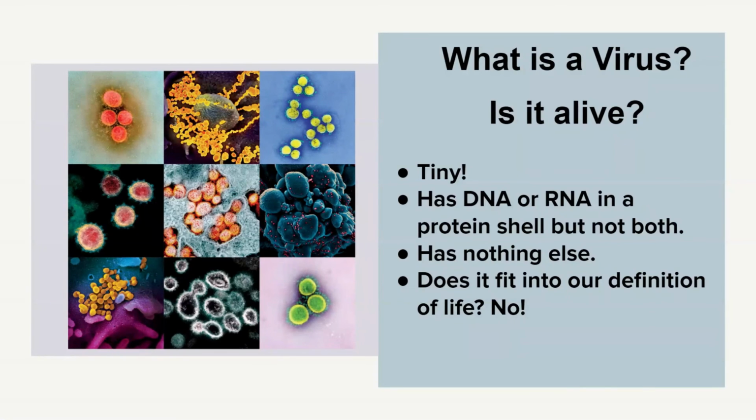It doesn't have a cell membrane. Actually, something like a protein coat of some sort, or a protein shell. And there's not really anything else in it. There's no other moving parts. There's no ribosomes that make proteins. And so it doesn't fit our definition of life. So understand that a virus is even smaller than a bacteria, or any other kind of cell. And that makes sense because viruses invade our cells. And to invade them, they take over, they can actually sort of slip in.